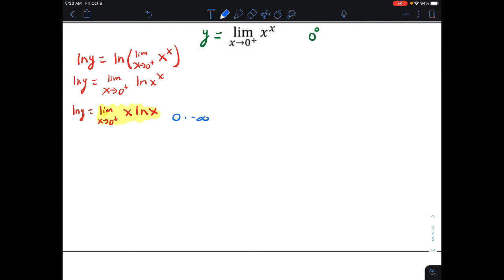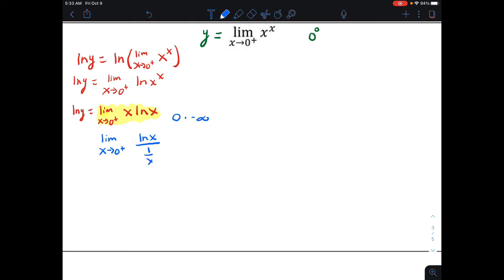So we're going to rewrite that so that it's a candidate for L'Hopital's rule. So we have the limit as x approaches 0 from the right, and I'm going to rewrite that multiplication by x as the ln of x being divided by 1 over x.